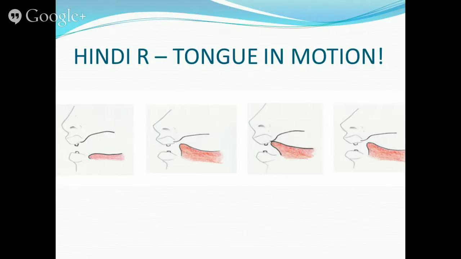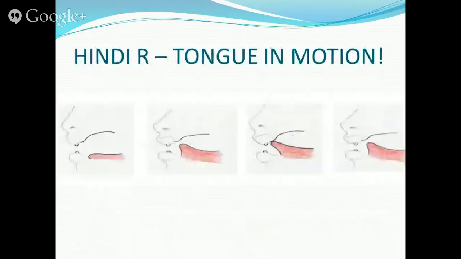You can't say it indefinitely. It's called a trill, meaning your tongue flicks up, hits your gum very briefly, slaps it, and then goes back down. Ra, ra, ra. You can kind of hear it slap; it does punch the gum.